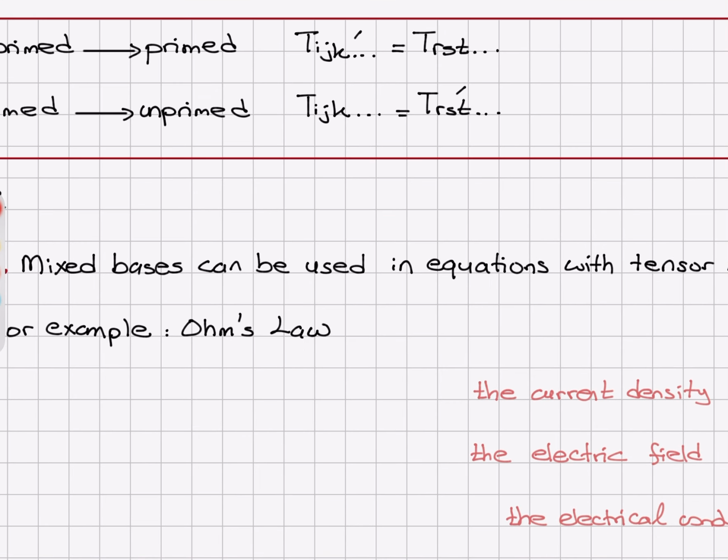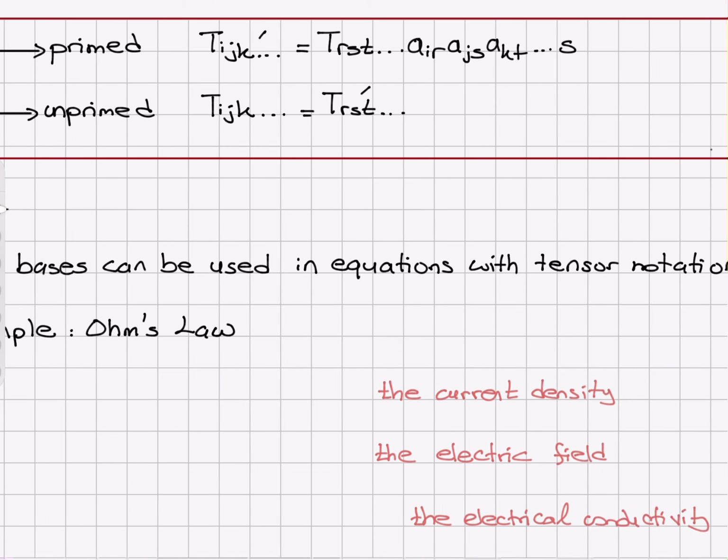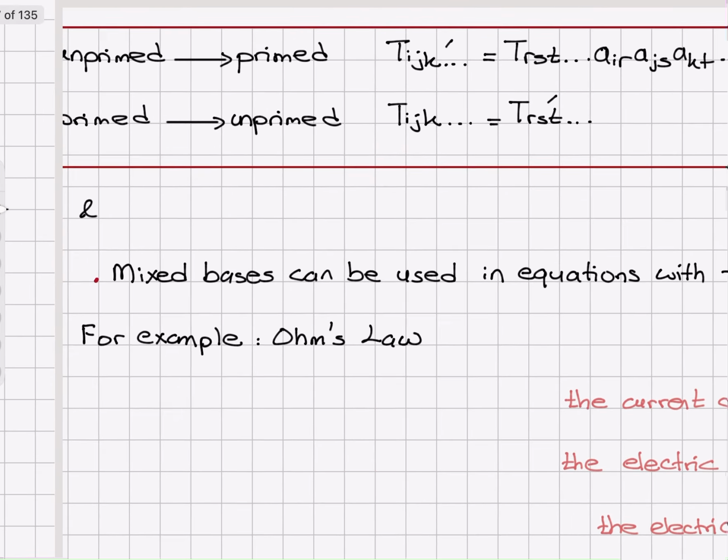Okay, so we can summarize this result. Going from unprimed to primed coordinate system, T_ijk prime is T_rst A_ir A_js A_kt, etc., which is a sum over the second index in the transformation matrix.